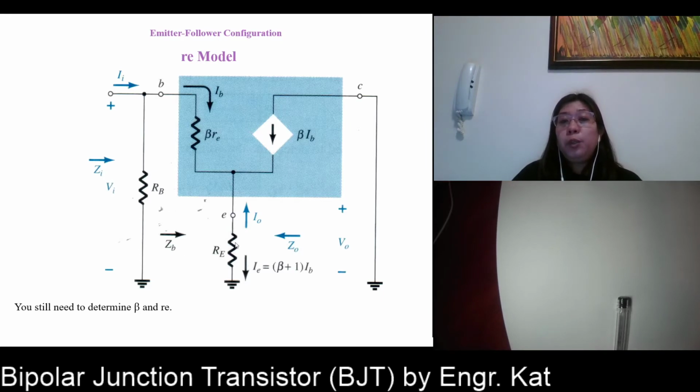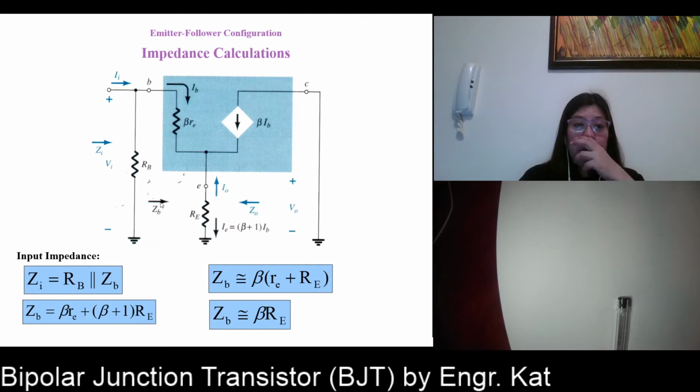So we do not bypass your RE here. Why? Because it is where your output is being taken. So we cannot bypass your RE here. Just the same as with the unbypassed RE earlier, we still have to solve for ZB.